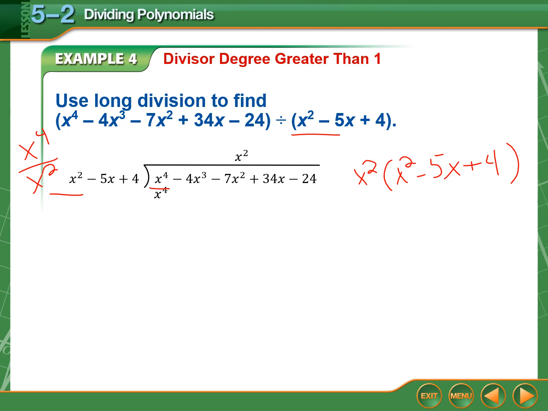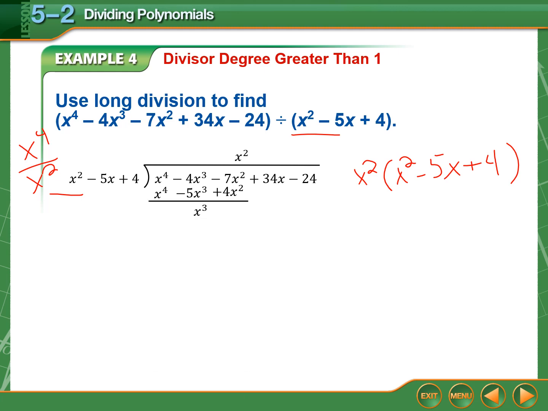So x squared times x squared is x to the 4th, x squared times negative 5x is negative 5x to the 3rd, and x squared times 4 is 4x squared. And now I'm just going to subtract.